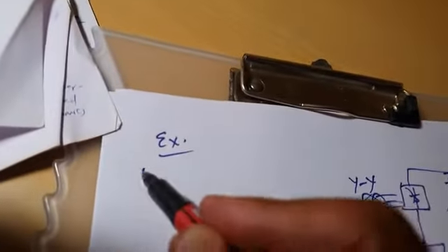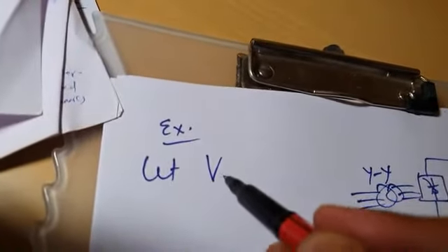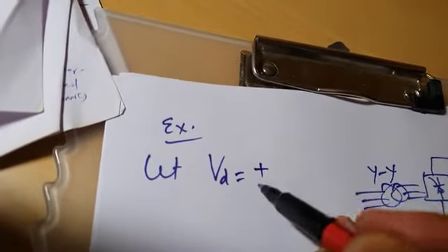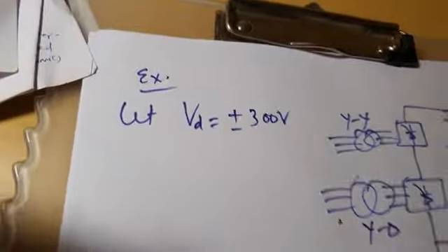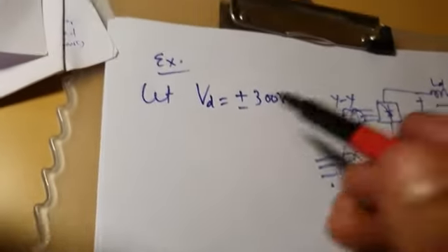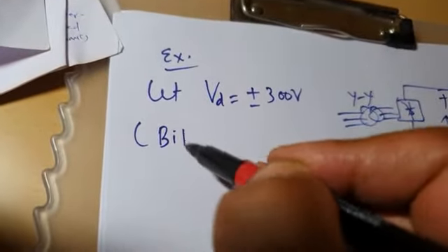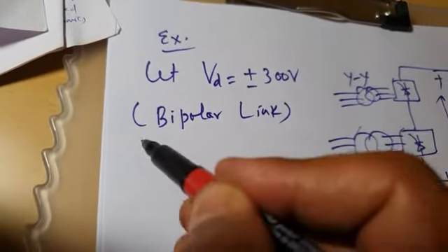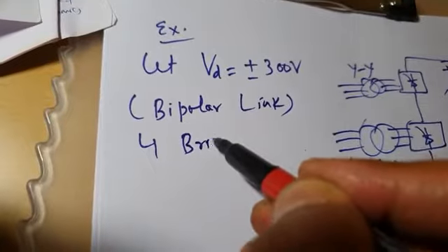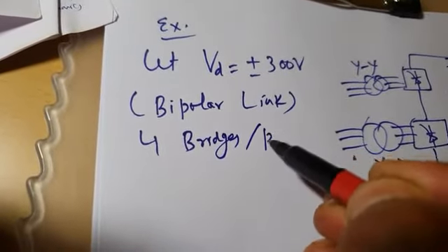And then you have a DC reactor, and this is ID, and this is plus minus VDR, the rectifier side voltage. Let VD, that is the DC voltage, be plus minus 300 kV. So we have a bipolar HVDC link of plus minus 300 kV, and it has 4 bridges per pole.